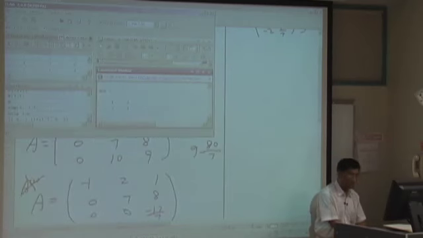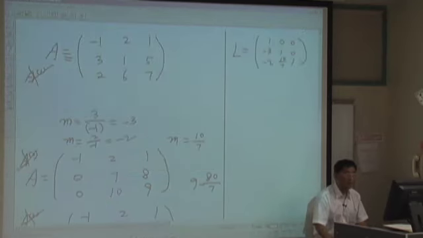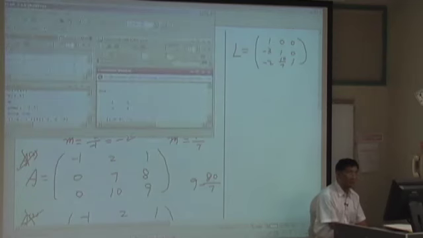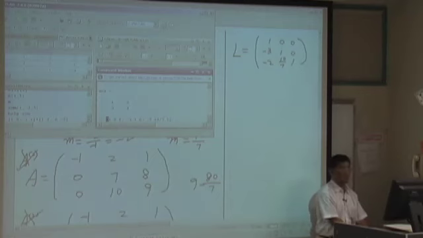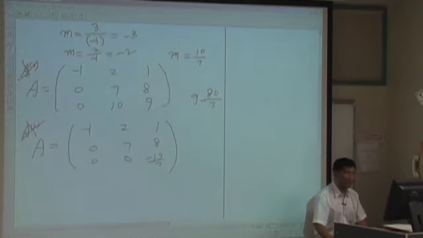So let's do it. It is 1, 0, 0, and then, what is the number? Negative 3, right? Negative 3, 1, 0, and then negative 2, 10 over 7, 1, right? A matrix done, and the L matrix done, and then U matrix. U matrix is right here, right?